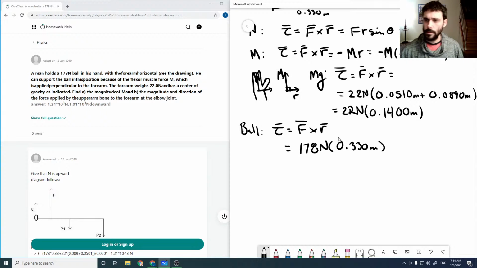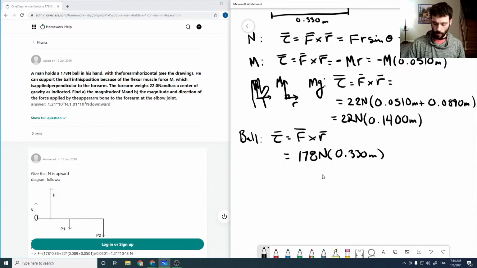Okay, so now we have our torques. Now the sum of our torques is 0. If we write out all our torques, we have 0 minus M times 0.0510 meters plus 22 newtons times 0.14 plus 178 newtons times 0.330 meters. All that equals 0. I don't really need to include the 0, but I'm just doing it for completion.